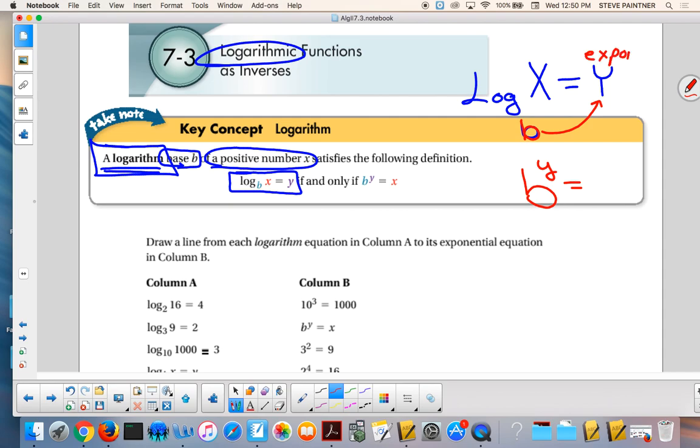So when you see a number over here, it's just the exponent of the base. B to the y must equal what? X. So this is the definition of what a logarithm is. When you see log of any number, you take the base, you raise it to the answer, the exponent, and you get this number, x.